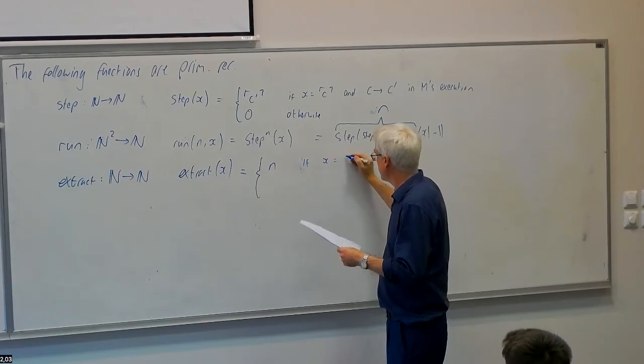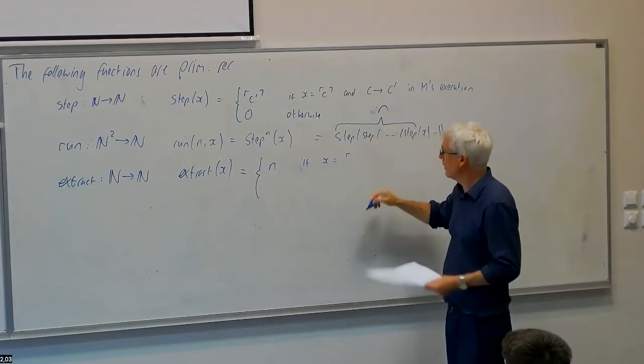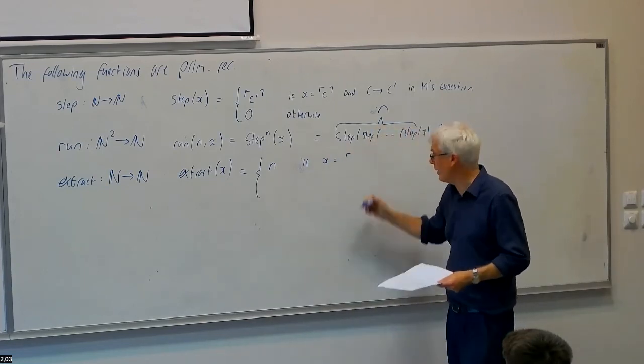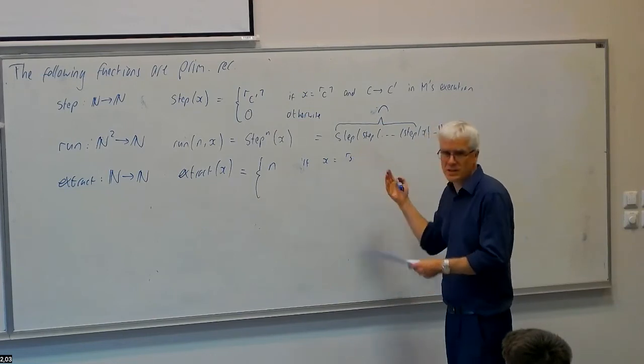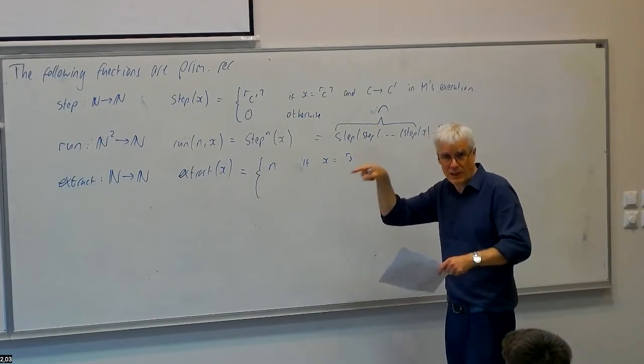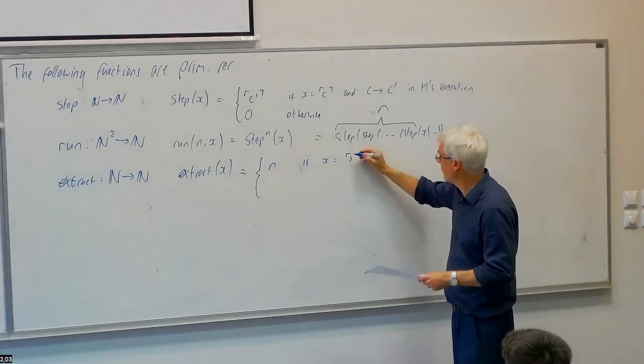x is the encoding of a legitimate halt configuration, which must have its head at the left end of what's on the tape.